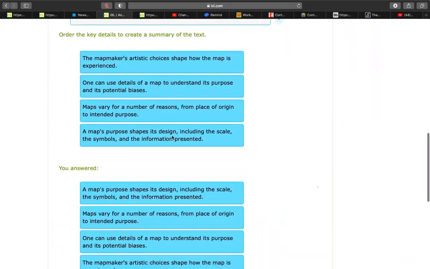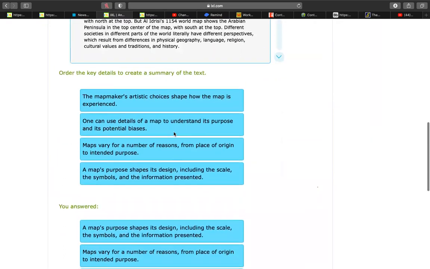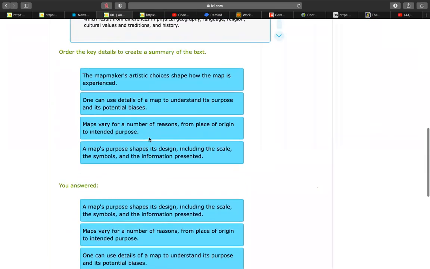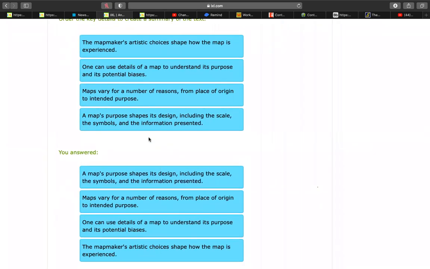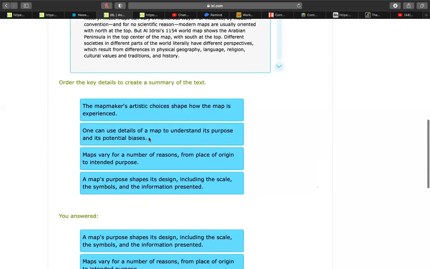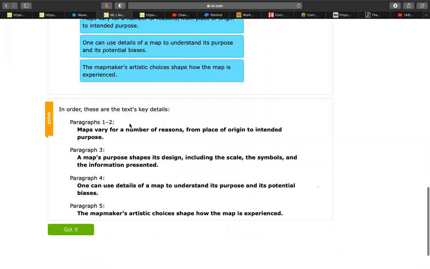So you answered, so it should have gone the other way. We totally reversed it. I think we just did that. We just inverted it on accident. So, okay, we just did the paragraphs wrong.